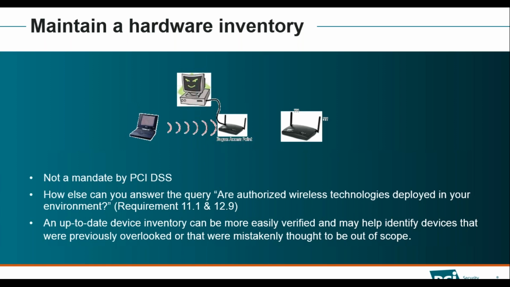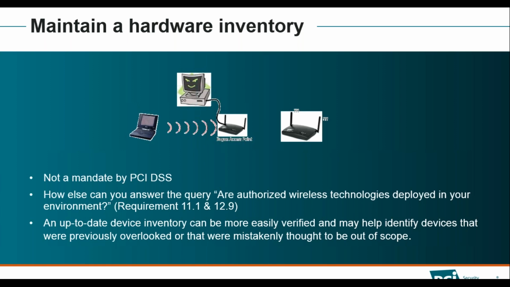It can even help you identify maybe some authorized wireless access points have been rolled out but simply not included in the inventory, or maybe some taken out but not included in the inventory. And so a wireless inventory is always the first thing to do.